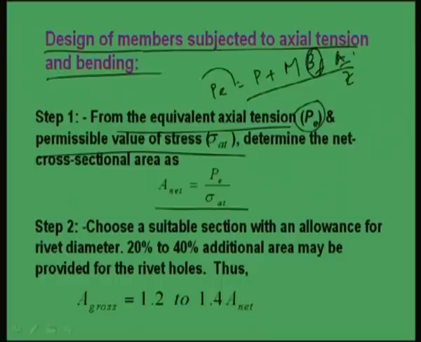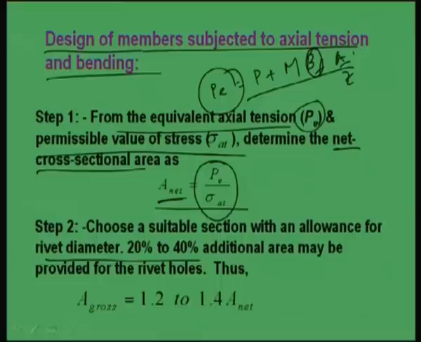So the equivalent axial tension we can find out first, and from that value and from the permissible value of stress one can find out the net cross sectional area. Net cross sectional area can be found from this equation, PE by sigma AT. Okay. Then we can choose a suitable section with an allowance for rivet diameter.